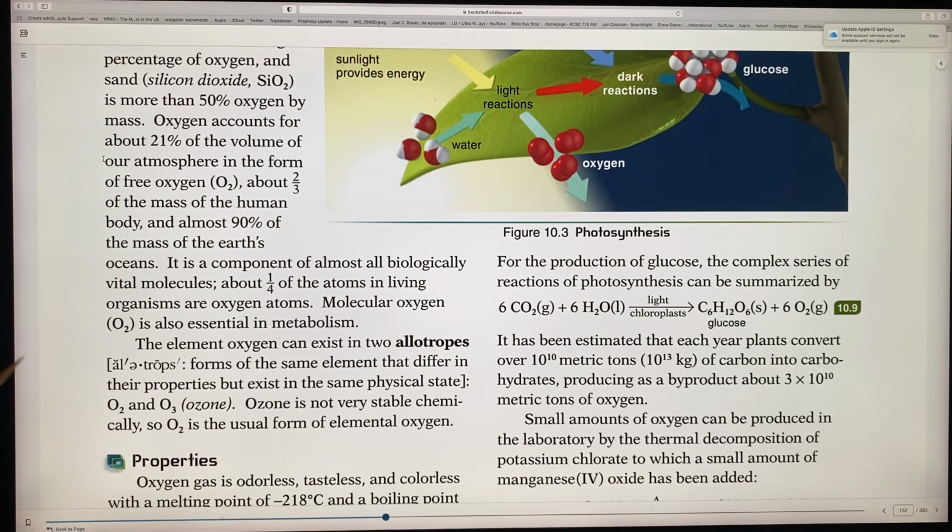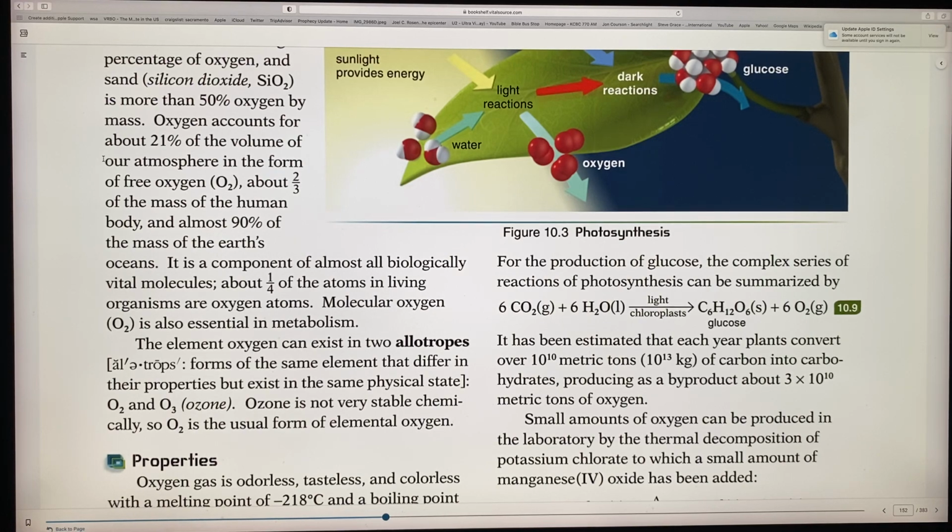And so we have oxygen and oxygen, but O2 and O3 are quite different because ozone is not as chemically stable as regular oxygen, and they come in these 2 forms, O2 and O3. Just remember, those are the 2 allotropes, and these have a different physical state altogether. Ozone is very different than oxygen.